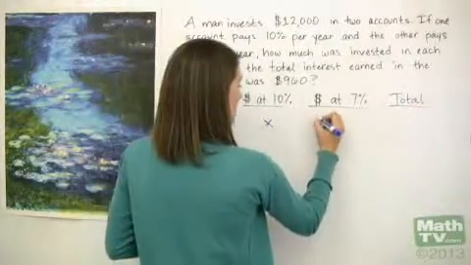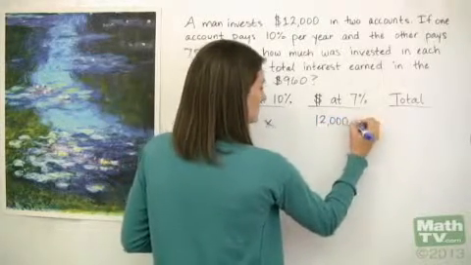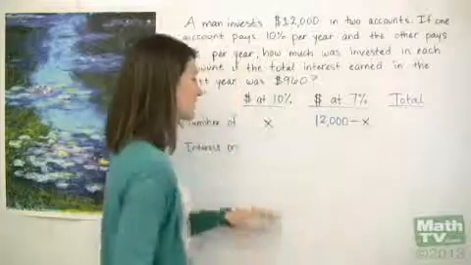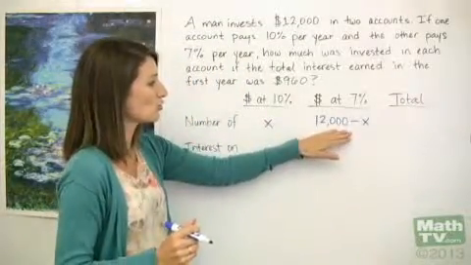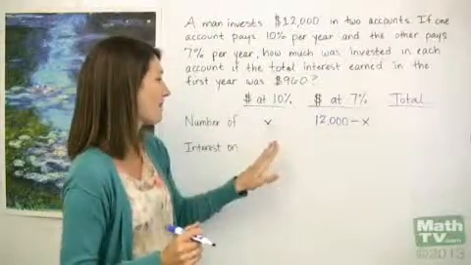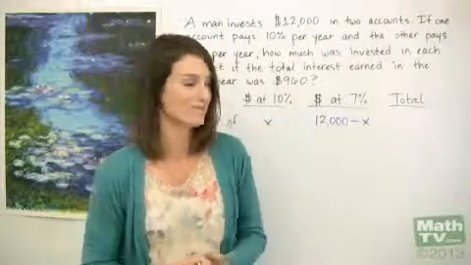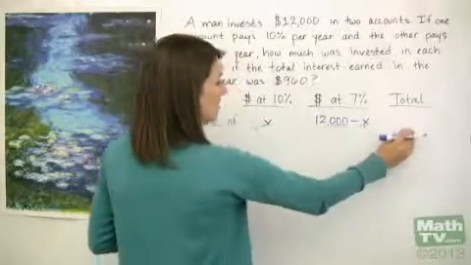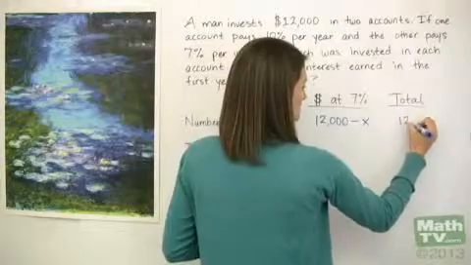So we write that by taking the total amount invested, $12,000, and we subtract x, because x is the amount in our first account. We know $12,000 is our total, so if we subtract the amount that he put in the first account, we'll have the amount that's in the second. And then our last column in this table here is asking for the total amount invested. So that's $12,000.